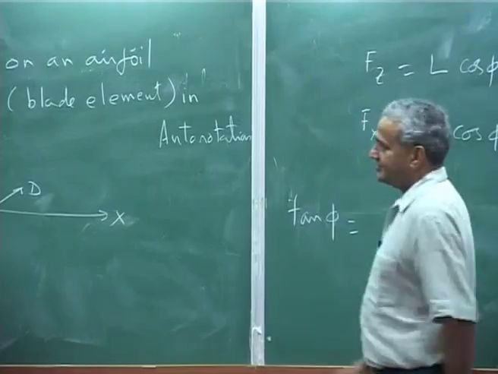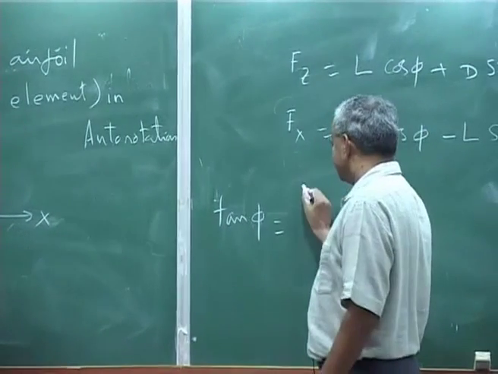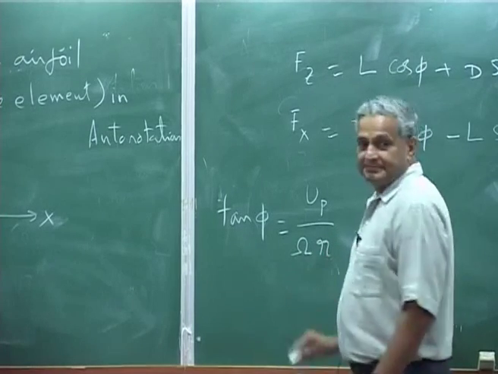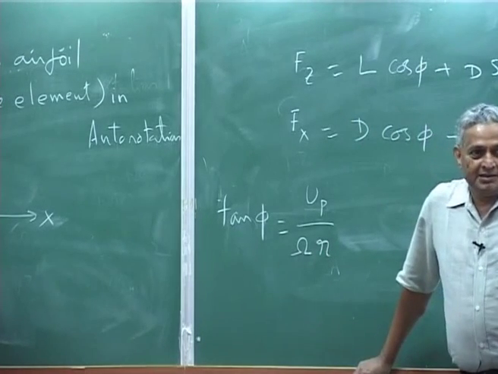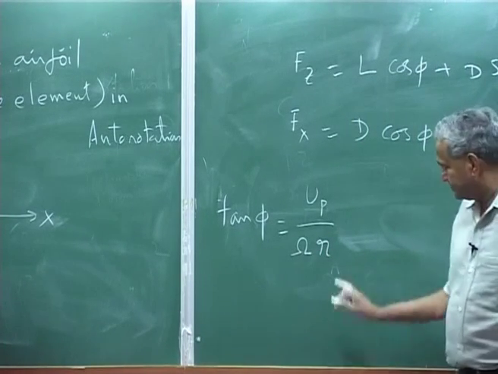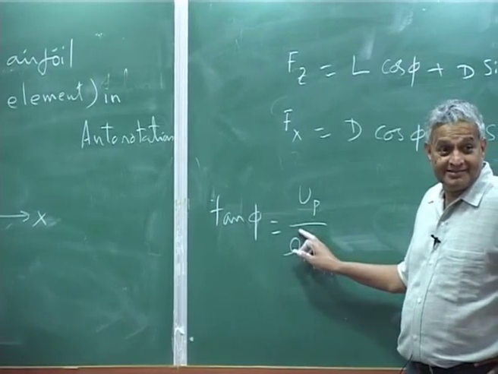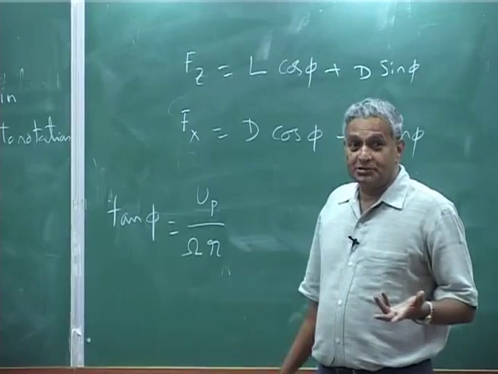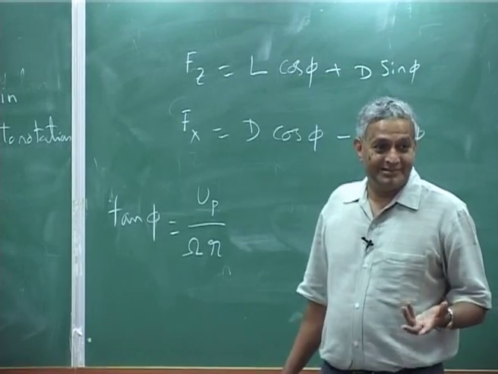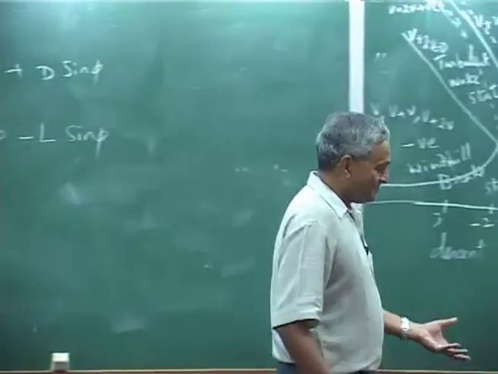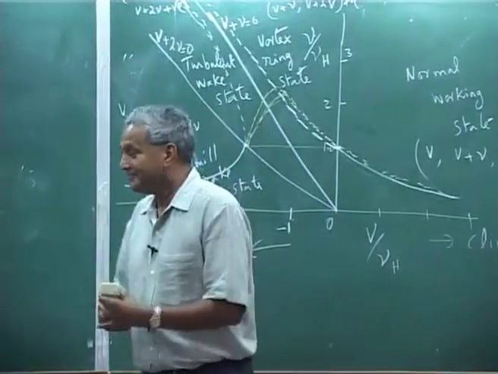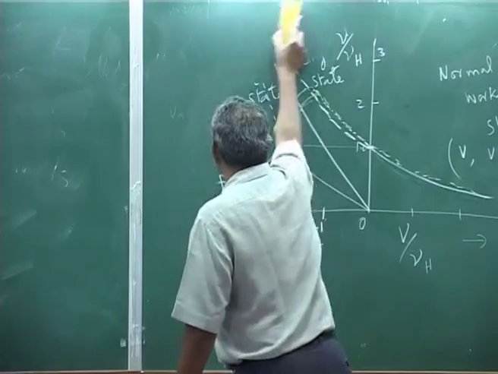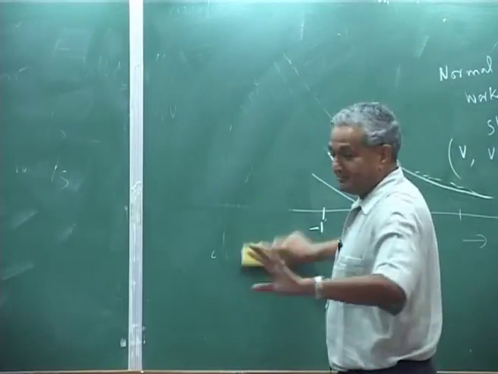Tan phi is up by omega r, right? Near the root, this is small, that means phi is large. If you have a large angle of attack, what will happen? It will stall.